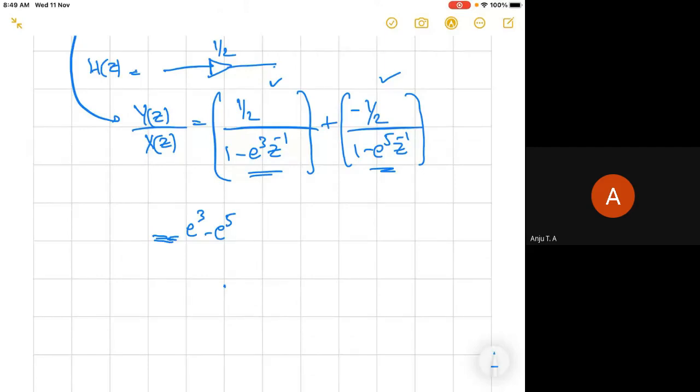This minus this would be e raised to 3 into set inverse by 2 into, am I right? 1 minus, multiply these together, e raised to 3 and 5, so raised to minus 2, minus e raised to 3 plus e raised to 5 set inverse.